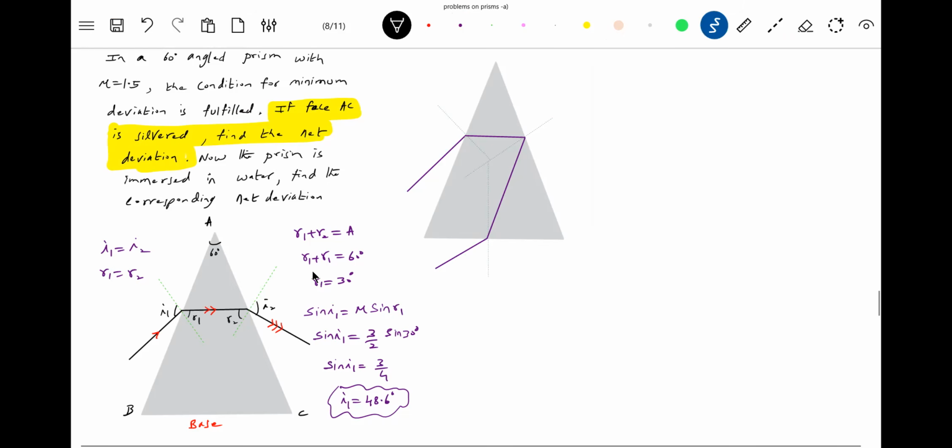This angle is 60 degrees. It's a 60 degree angle prism, so this angle will also be 60, 60. First we'll write all this data. This side is silvered.